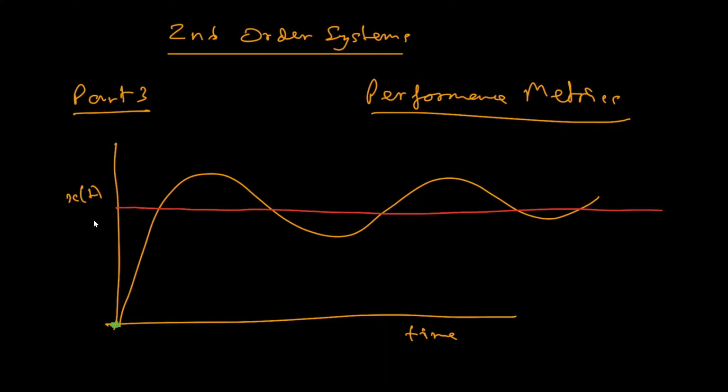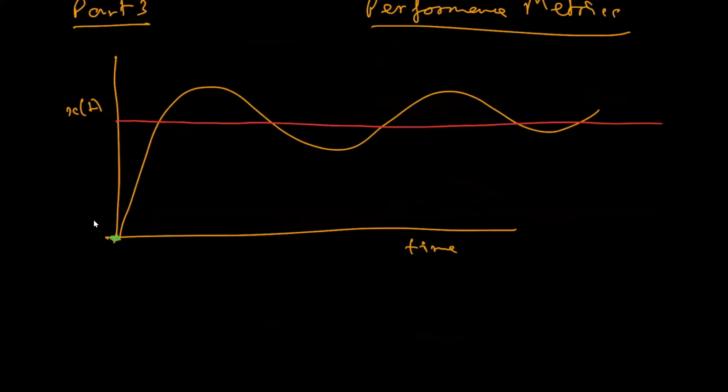We still have the rise time, right? So let's talk about the rise time first. We still have the rise time, which is TR, but it depends on whether you're talking about the damped oscillation when zeta is less than 1, or a damped system when zeta is greater than 1.